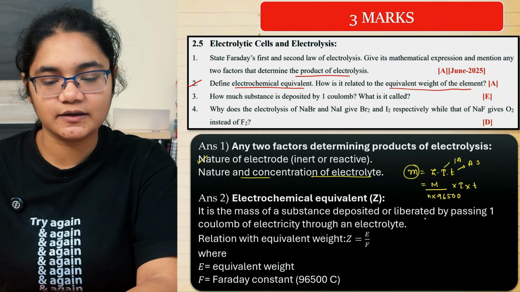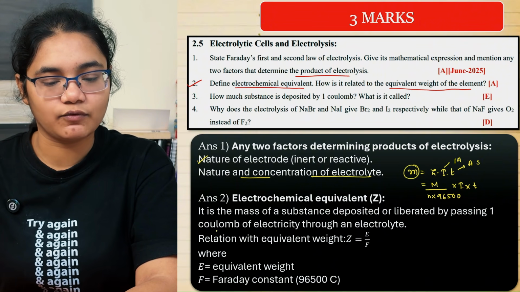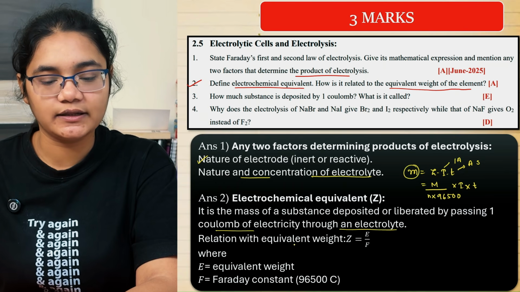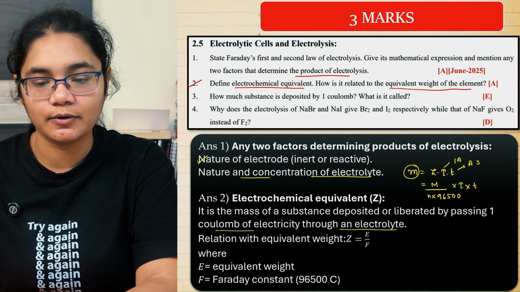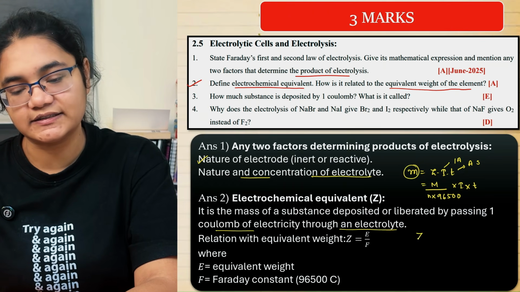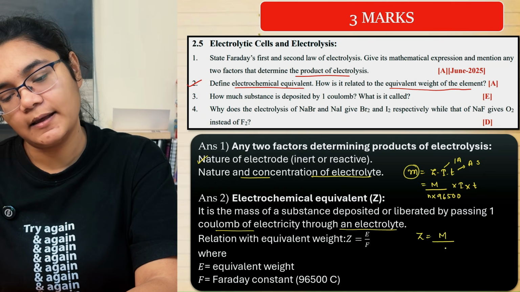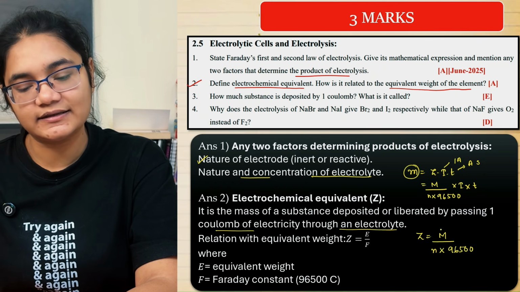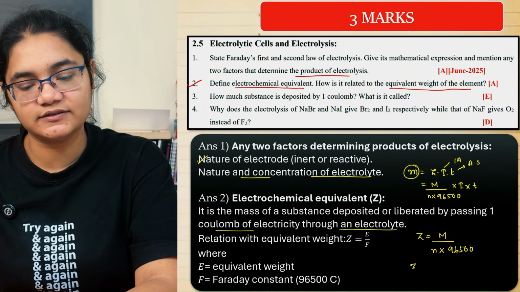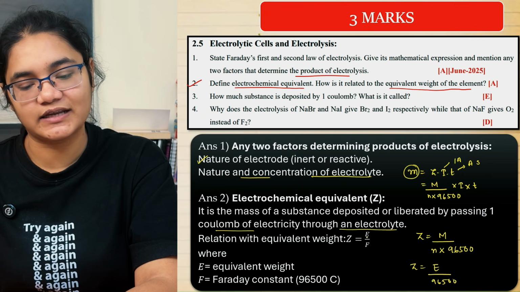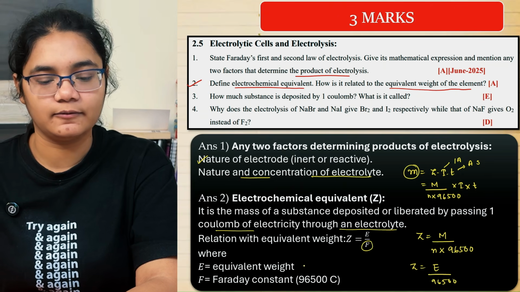So it is the mass of the substance deposited or liberated by passing 1 coulomb of electricity through an electrolyte. Now for the relation to the equivalent weight: Z = molar mass by n x 96500, and molar mass by n is your equivalent weight. So Z = E/96500, that is, E divided by 1 Faraday.